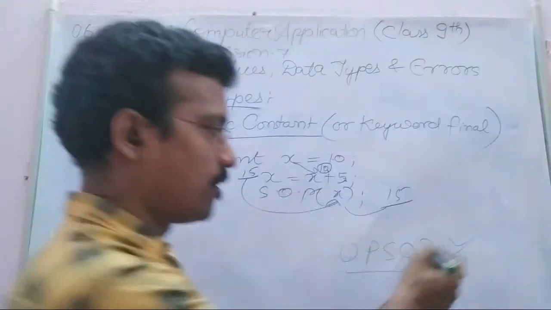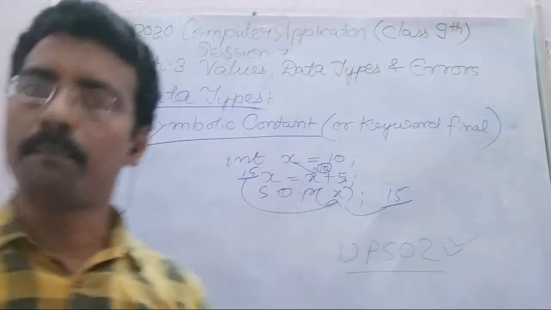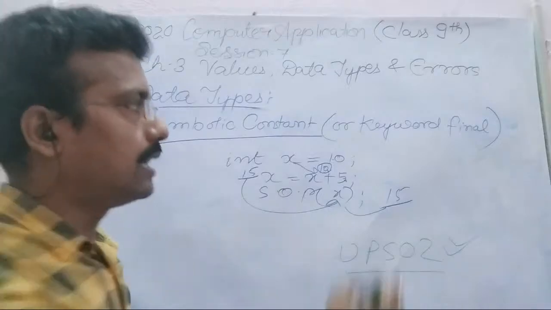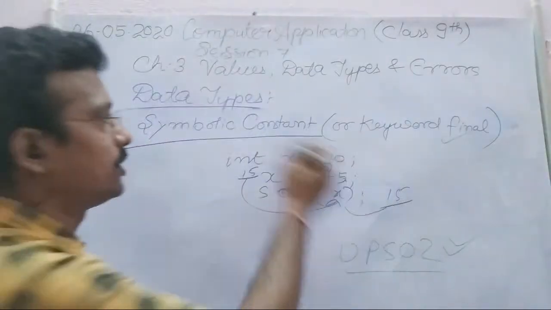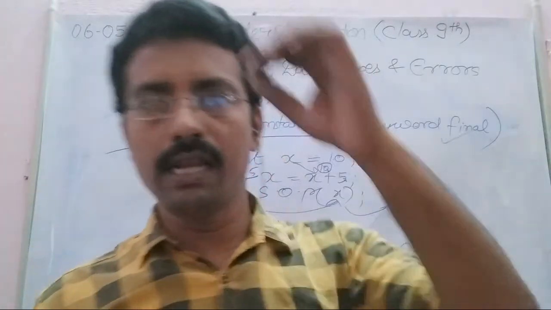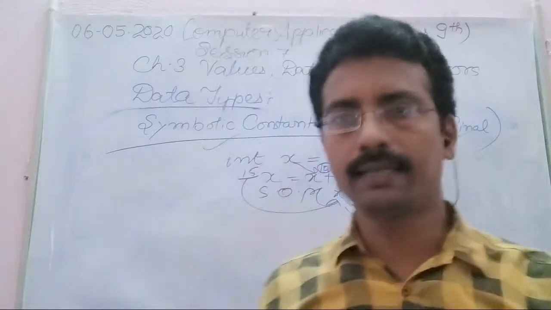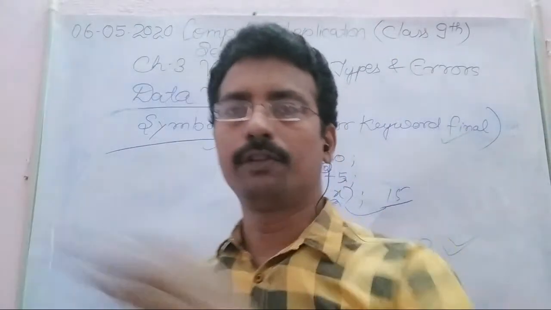So I want to keep this as a permanent, same value. In that case, we have the keyword final. The final keyword, which is also called symbolic constant, allows us to make any variable's value a fixed value for further use.